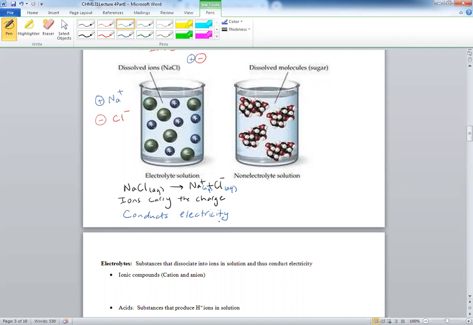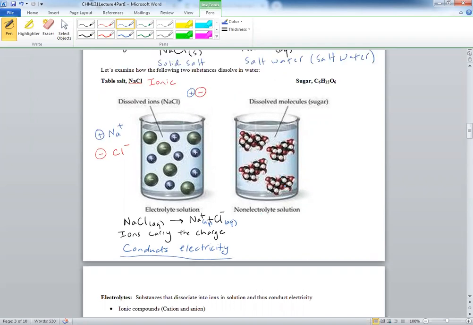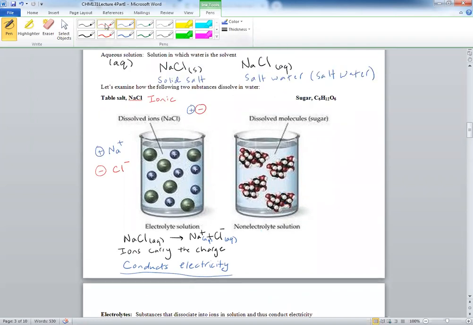So it conducts electricity. Whereas if we go back to the sugar solution, what is happening here is that you have a molecular compound. All of those are nonmetals. So if you have sugar that's breaking down, it's still C6H12O6, and it's neutral.